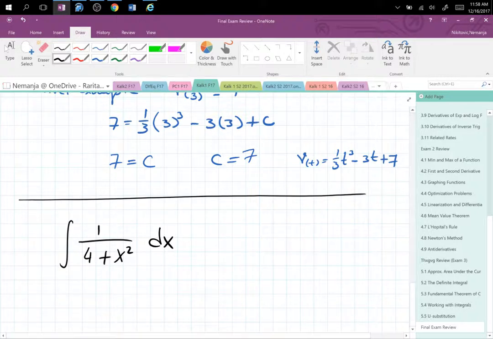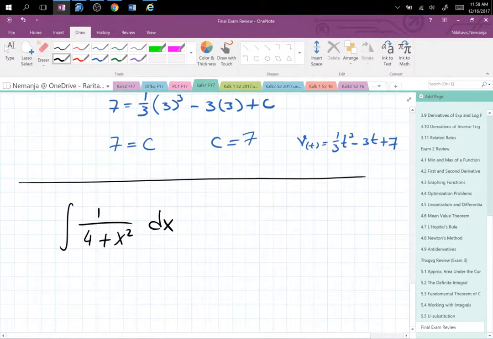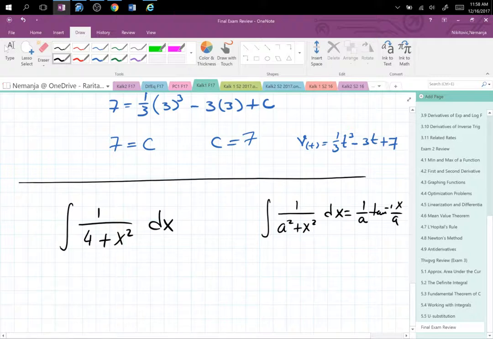So if you look at this, you will go with the formula which says that the integral of 1 over a squared plus x squared dx is equal to 1 over a inverse tangent of x over a, plus c.